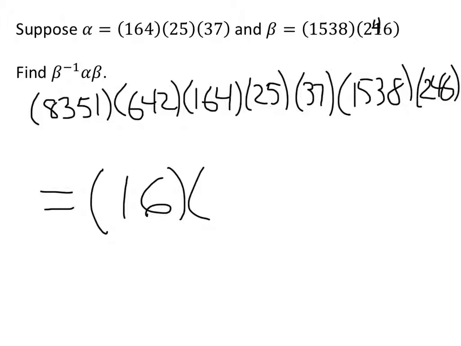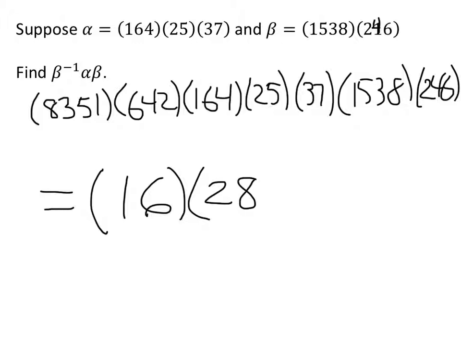Next number, we haven't used 2, so let's write 2 in there. 2 maps to 4. 4 is unchanged. 4 is still unchanged. Here, 4 maps to 1. 1 is unchanged. 1 maps to 8. So we ended up with the number 8. Now we keep the number 8 in our head. 8 is unchanged. 8 here maps to 1. 1 is unchanged. 1 maps to 6.